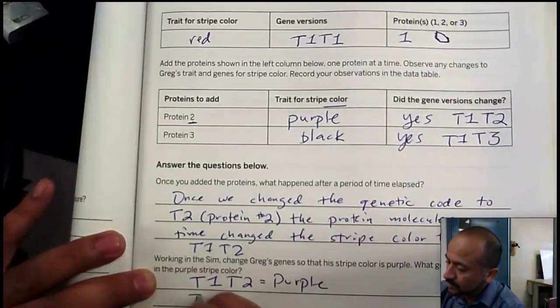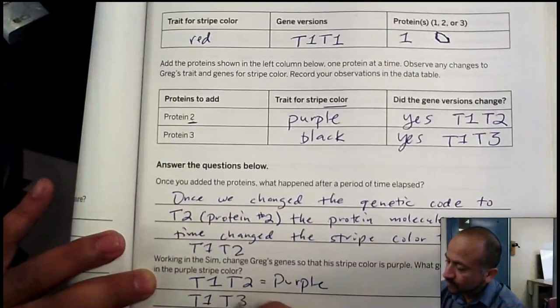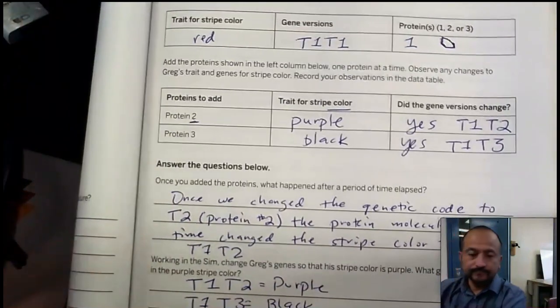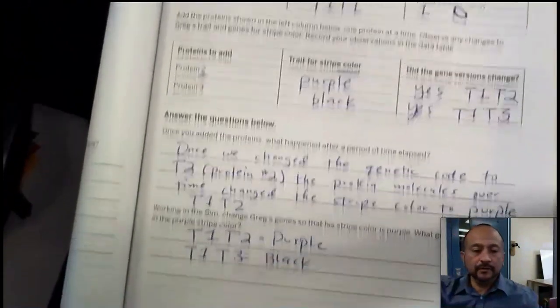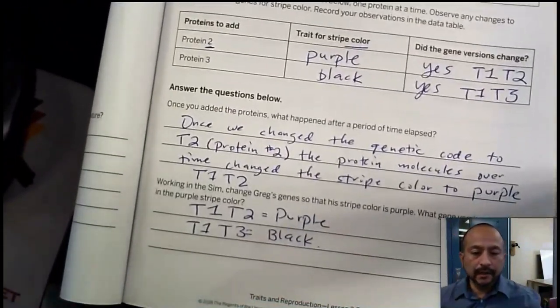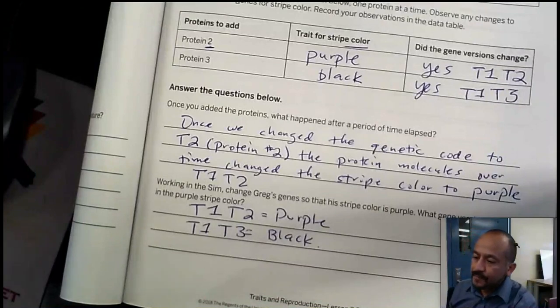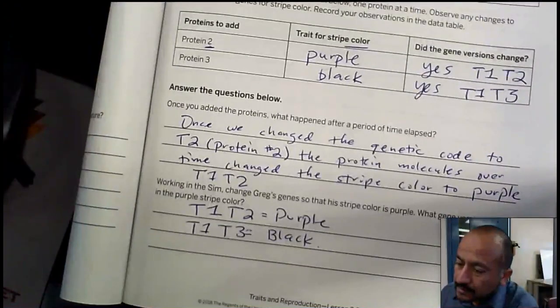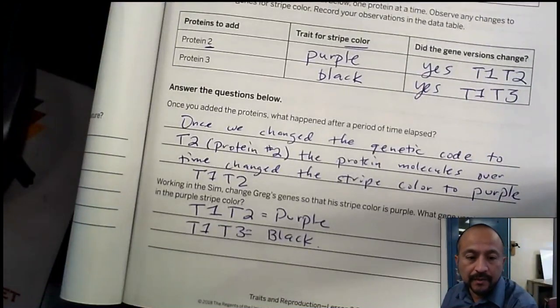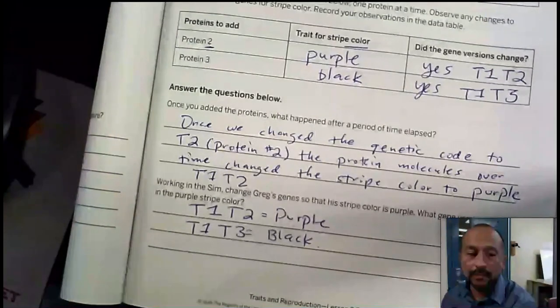And with T1, T3, we are getting black. That's just a bit more information that they asked for. So that is the information that we plugged in, and we will pause there.